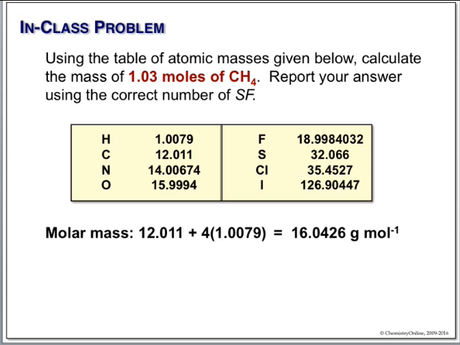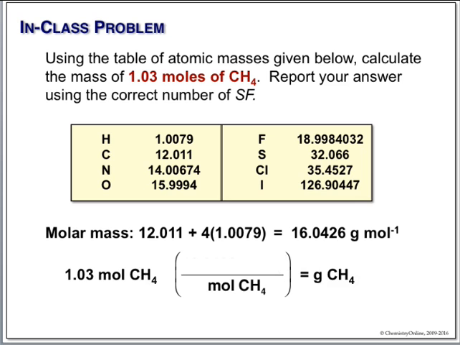This is our ratio. We're given moles, so we want mole in the denominator. So we'll set this up this way. Here's our moles. We want moles in our denominator and grams up here in our numerator. And it's 16.04 to 1. When we do this, moles of methane cancel.